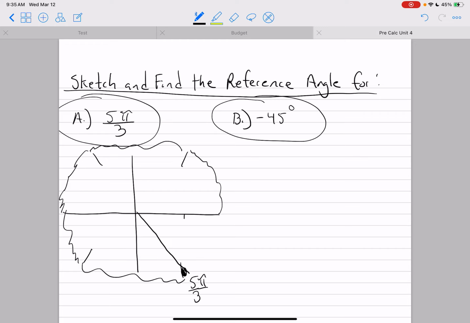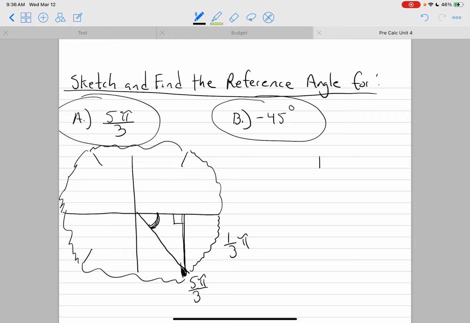If I draw this triangle right here and do this reference angle, well, how much space is it from here to here? And hopefully you recognize that this is 1/3 pi, right? Because if I have 5/3 plus this 1/3, that gives me 6/3, which is 2 pi. So my reference angle is 1/3 pi.